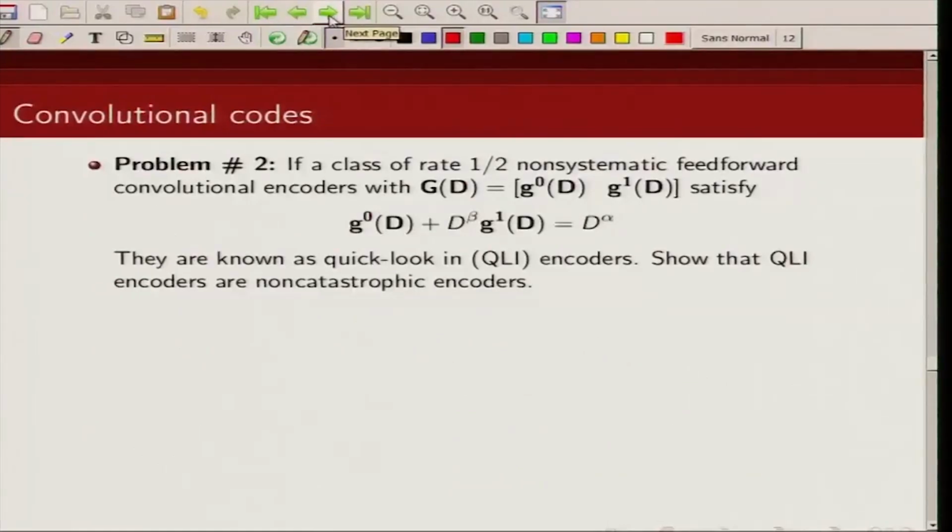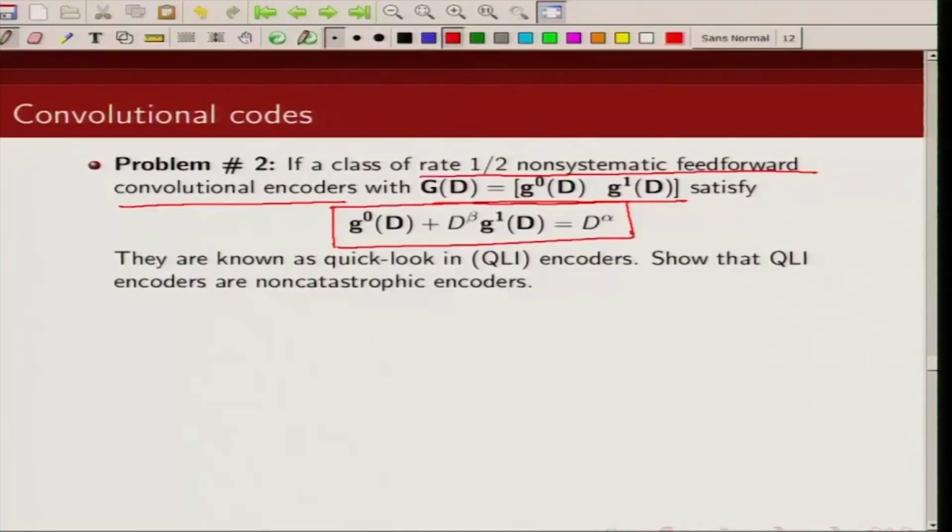Next, we look at a class of rate 1/2 non-systematic encoders. So, we are looking at rate 1/2 non-systematic feed forward encoders whose generator matrix is given by this, and these generators G0 of D and G1 of D satisfy this property.